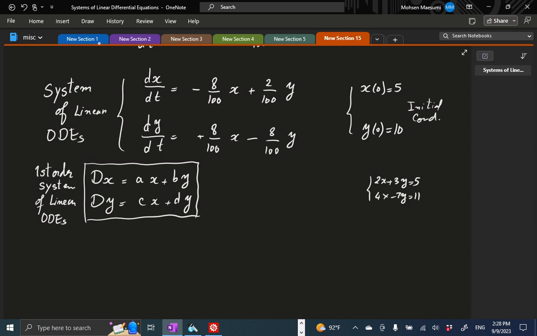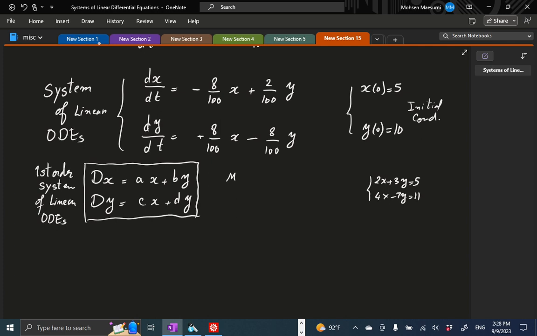So what we are going to do here is the same style. We are going to go after eliminating one variable and just focusing.